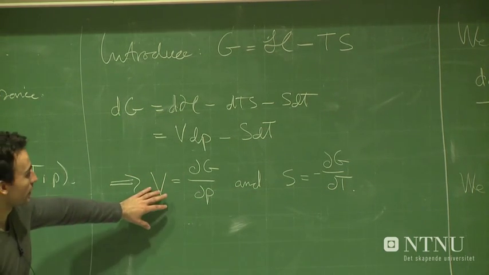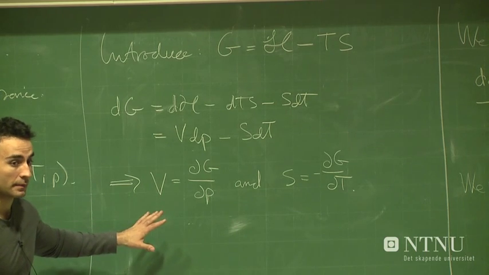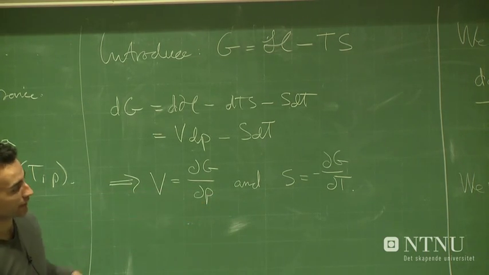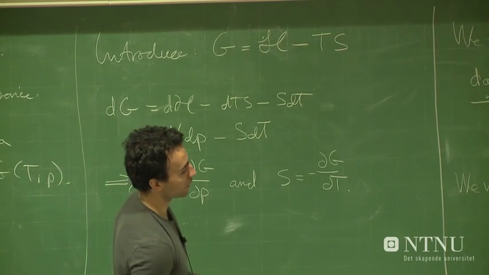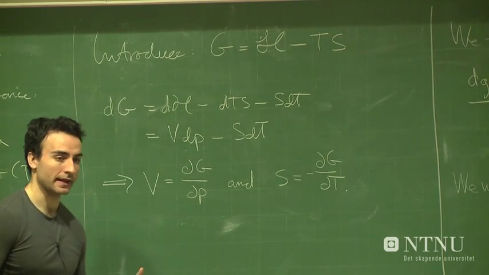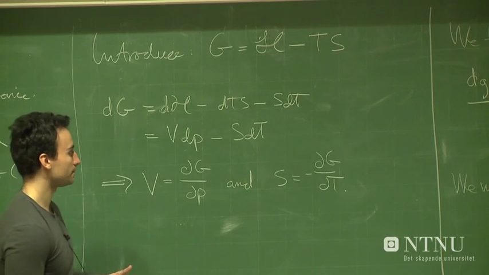So the way to obtain the volume remains the same. In that case, we derive the enthalpy with respect to P, same thing here, because we only interchange the entropy and the temperature variables.